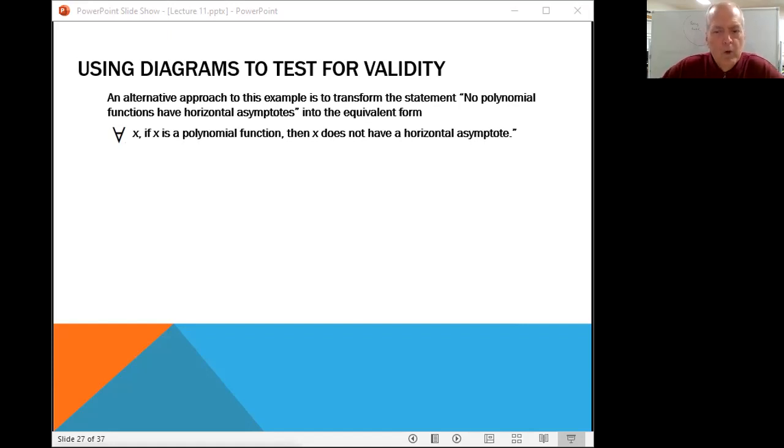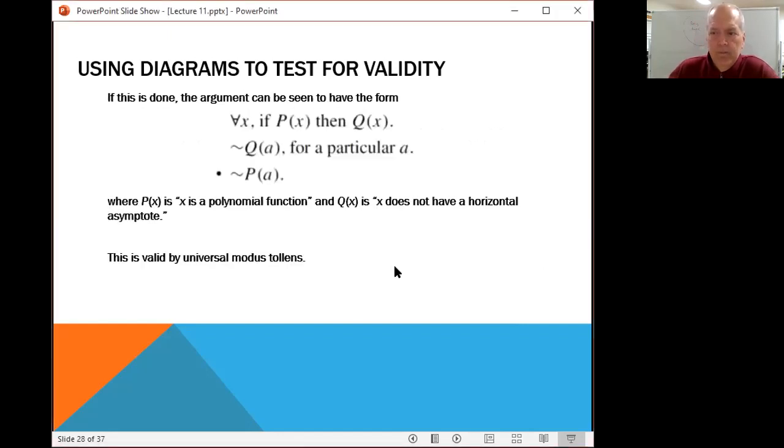Remember, what we're saying is that with these forms, if all the premises are true, then the conclusion is true, and we have a valid form. We're not necessarily saying that we're going to derive the absolute truth out of it. So again, another way we could state this argument is that for all x, if x is a polynomial function, then x does not have a horizontal asymptote.